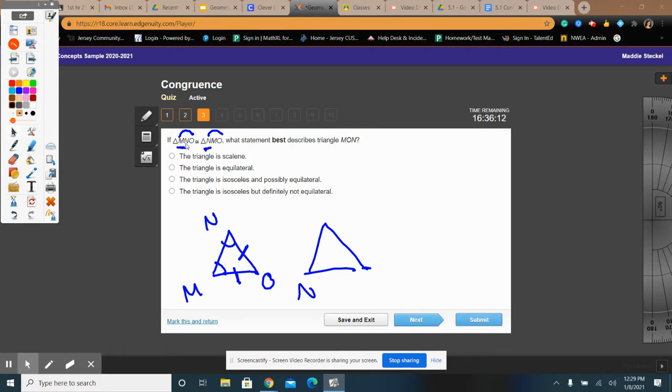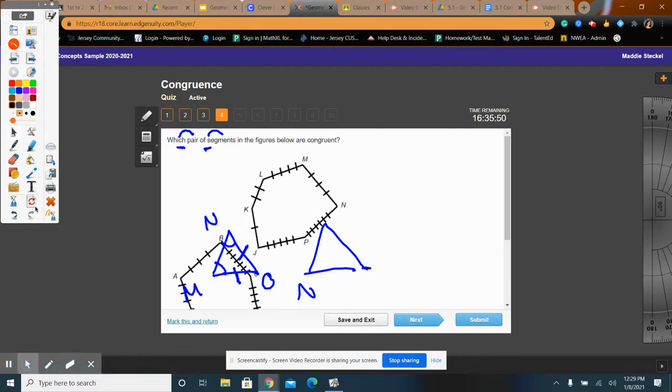Could MN possibly be with MO? I don't know. Let's say it's isosceles. You guys might want to change your answer at the end of this video before you submit to see if I got it right. I don't know that it's equilateral or not. So maybe we should say possibly. Let's say possibly equilateral. Miss Bruno doesn't know. They skunked even me.